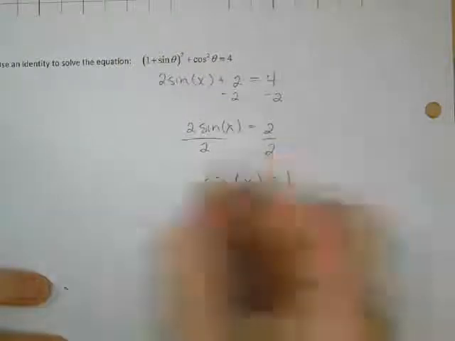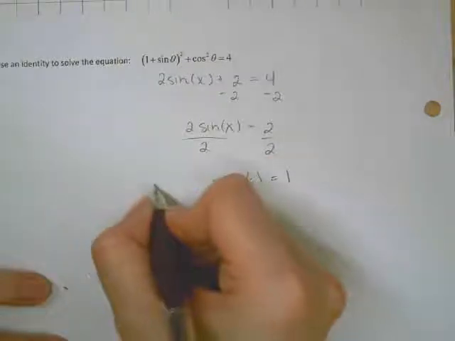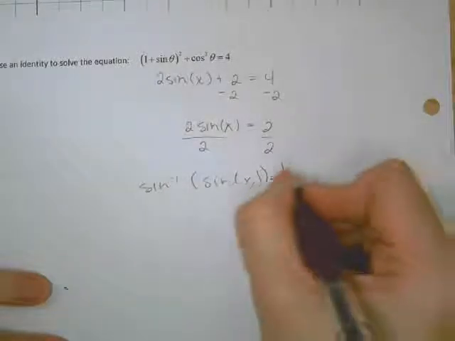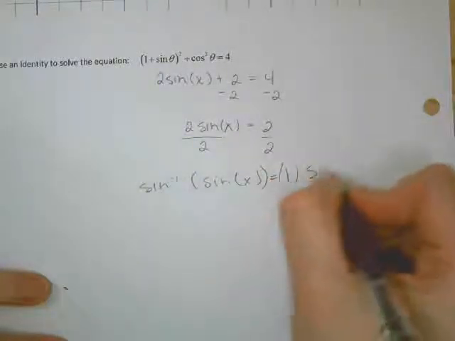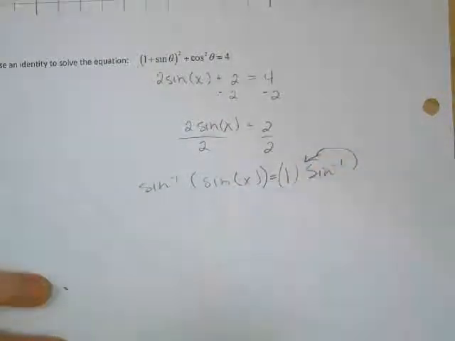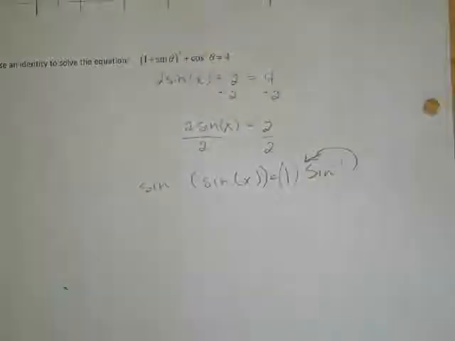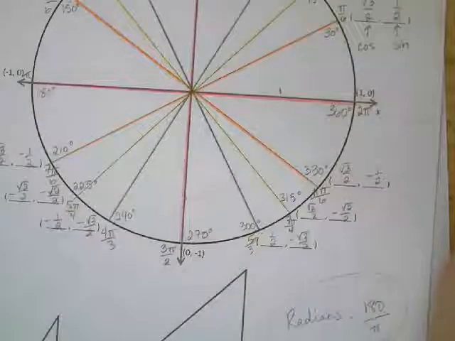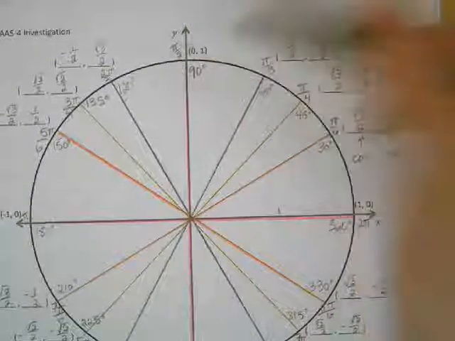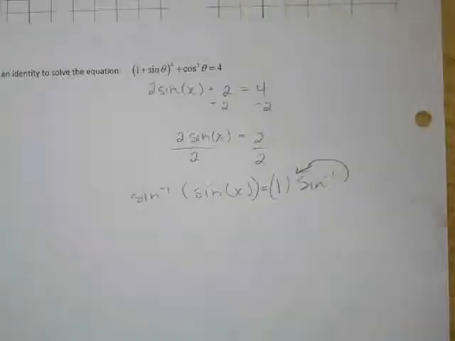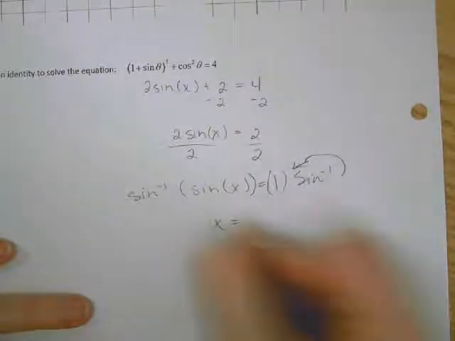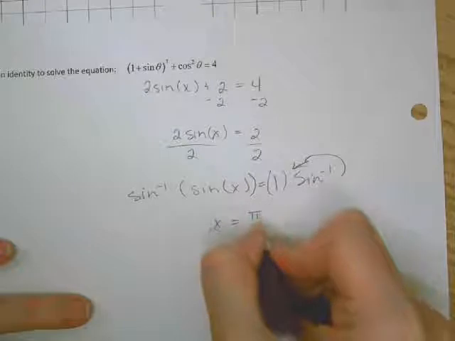So now I'm looking at my inverse sine. Can I write this backwards? So don't mind me. Inverse sine of that. So I need to know where my sine equals 1. And the only place that that happens on my unit circle is at pi over 2. So then x equals pi over 2.